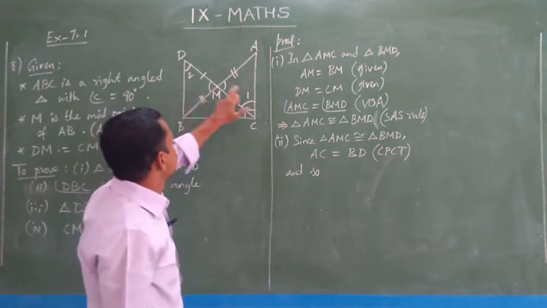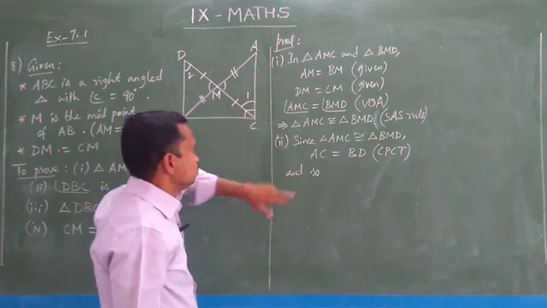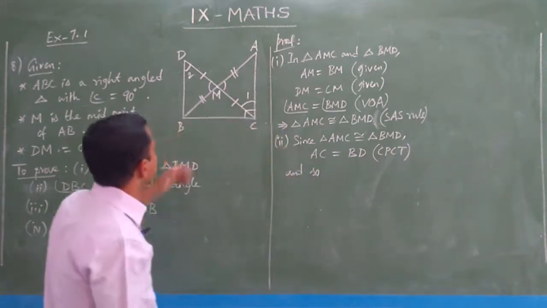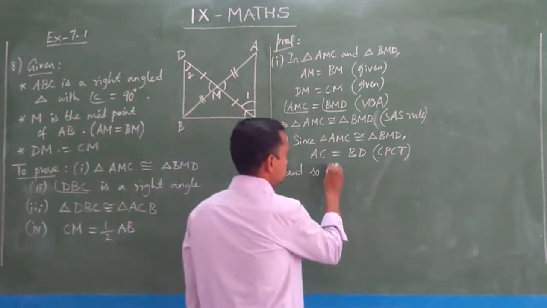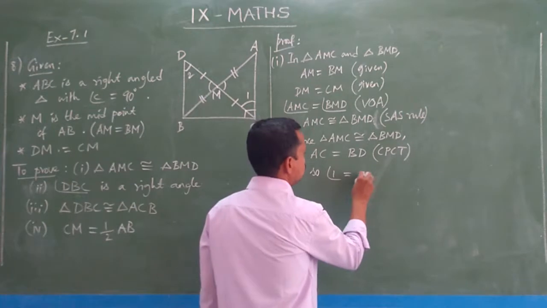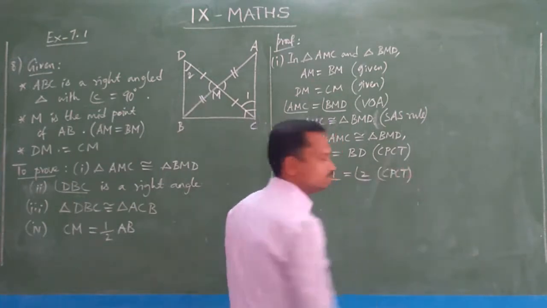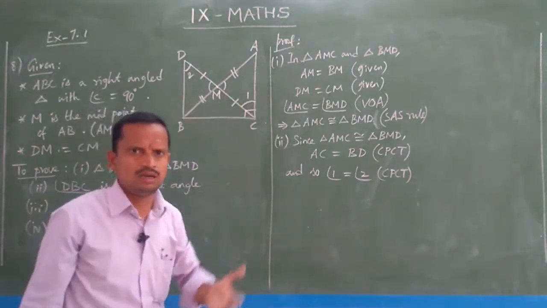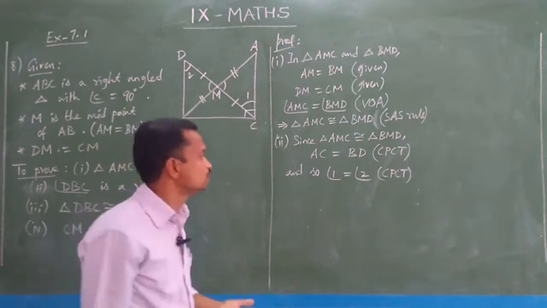We have already proved these two triangles are congruent, so by CPCT AC equals BD, and also angle 1 equals angle 2 by the same concept, CPCT. The remaining corresponding parts, either angles or sides, are equal.